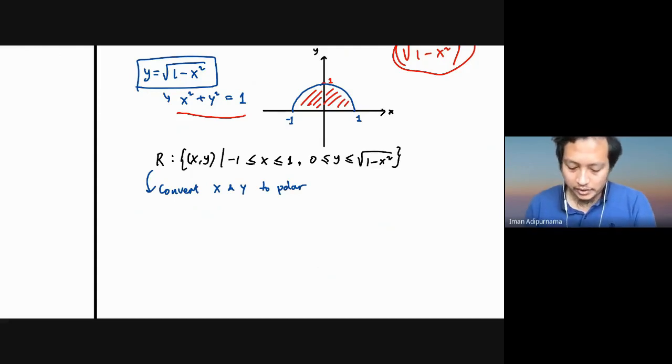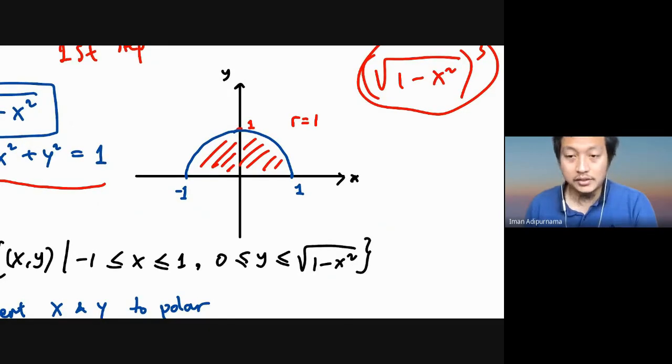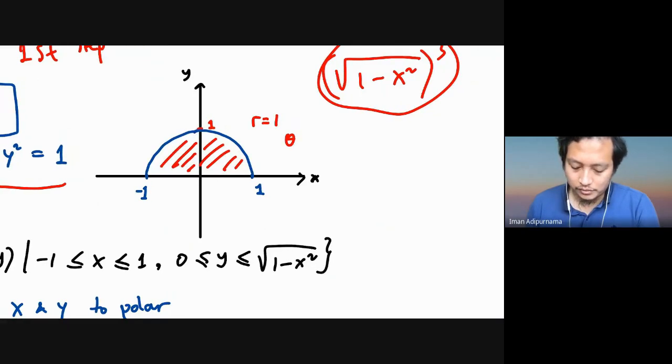If you look at this semicircle, we agree that the radius is 1, right? The radius is 1. And also, if you look at only the semicircle, we agree also that theta is from 0 to pi. Okay?